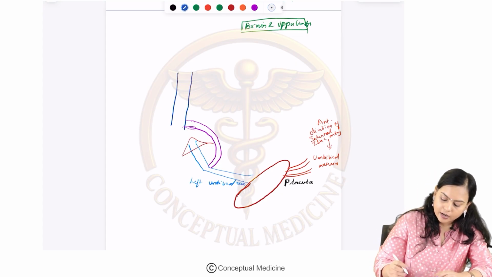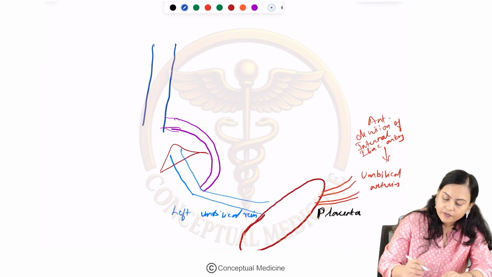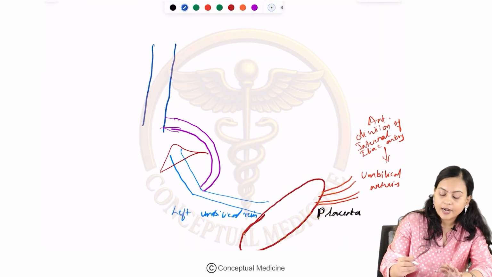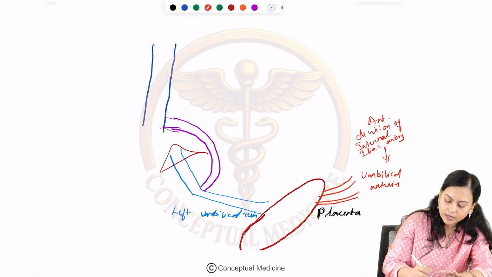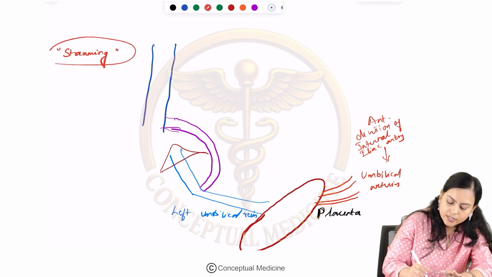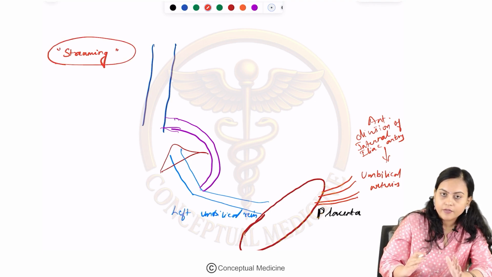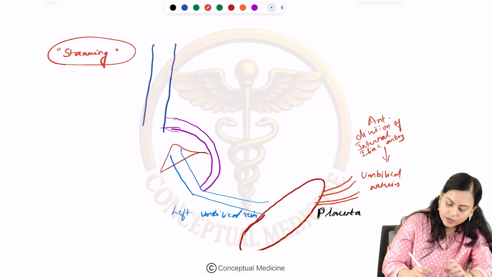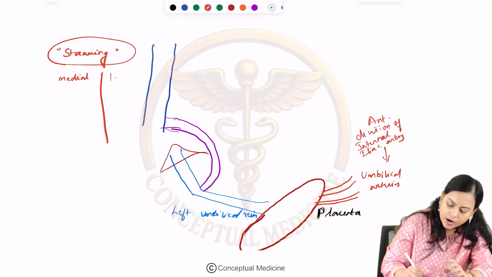In inferior vena cava, we'll have both oxygenated and deoxygenated blood. This presence of both will be streamed into two compartments, ideally the medial compartment and the lateral compartment.